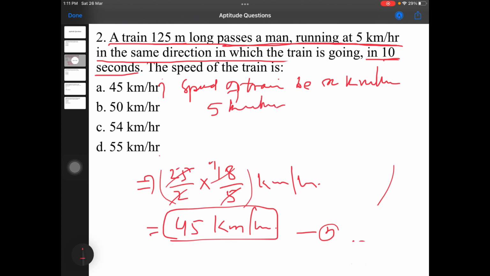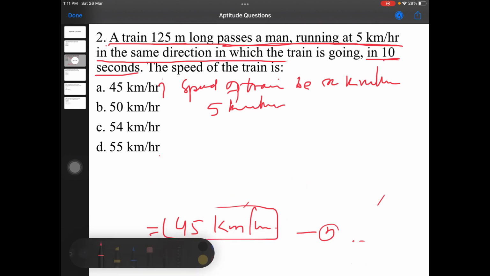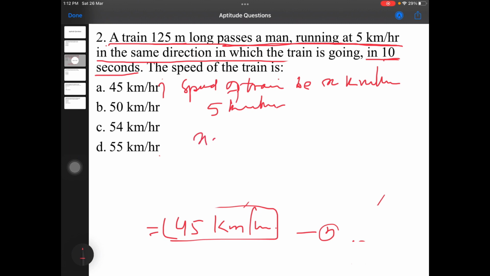Here we should remember in relative speed, if the train or anything runs towards the same direction, then we have to subtract, and if they run in opposite direction, we have to add the speed. So here the speed of the train will be x minus 5 kilometer per hour. So why do we have to minus? Because the train and the man are running in the same direction.